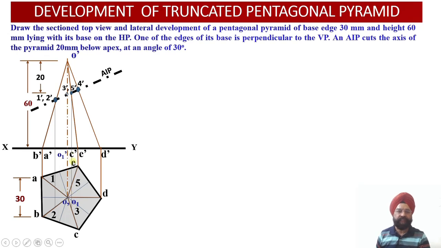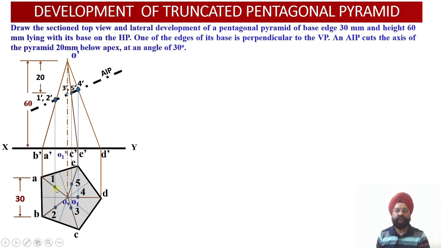Similarly, wherever the vertical projector through 5 dash intersects the slant generator OE, we obtain the point 5. The last point is 4 dash, the point of intersection of the cutting plane with the slant generator O dash D dash. Through 4 dash another vertical projector line will be drawn, so that wherever it intersects the slant generator OD, we obtain the point 4 in the top view.